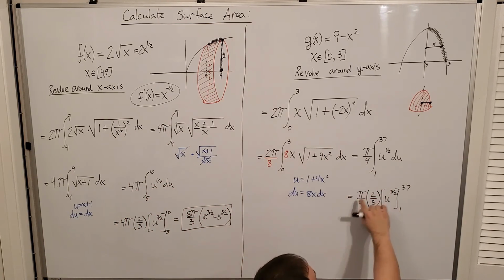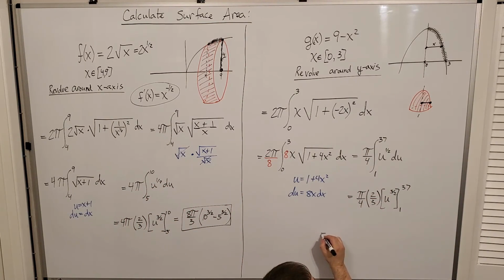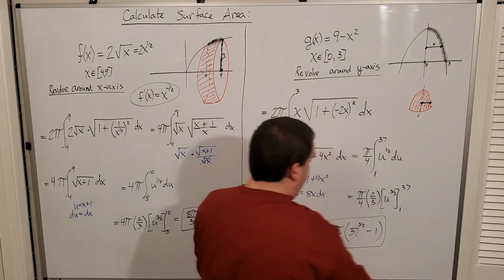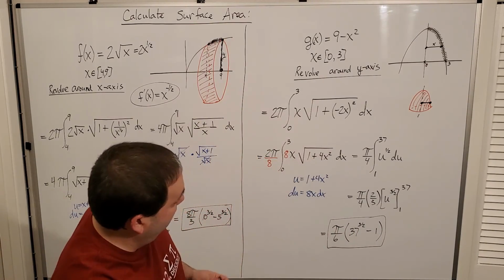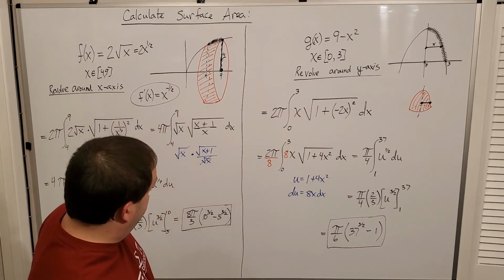So if I reduce this here, I'll have pi over 6 times 37 to the 3/2 power minus 1. Whatever that may be, right? Because I certainly don't want to do the square root of 37 to the 3rd power by hand.